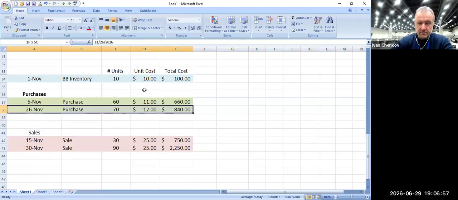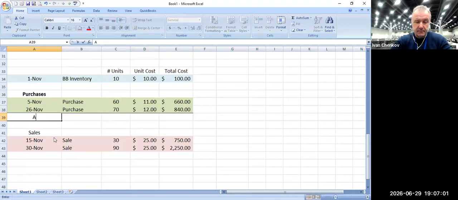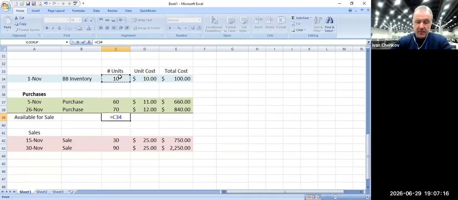Which available for sale will be in two things. First, I'm going to have units, and the number of units is 10 from the beginning balance, plus 60 from the first purchase, plus another 70 from the second purchase.